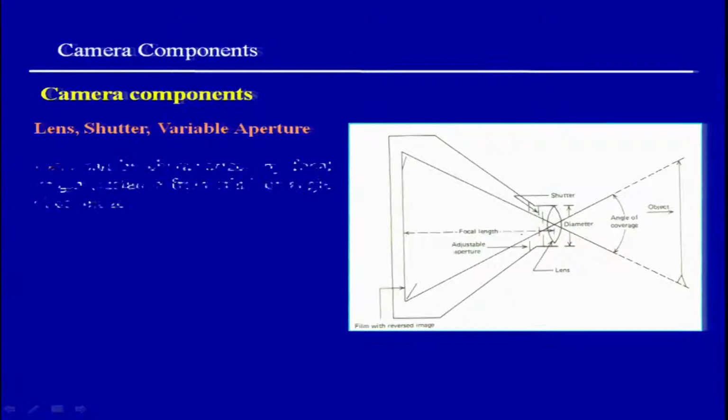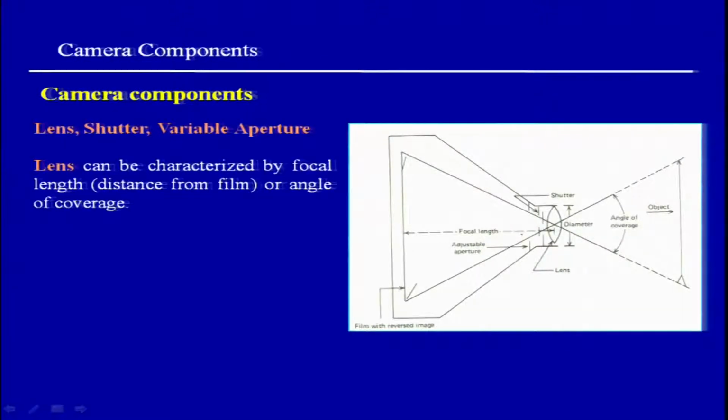Now the lens can be categorized by focal length, that is the distance from the film, or angle of coverage, and how much angle it is going to cover. Whether it is going to be wide or it is going to cover a very narrow area. That is the important part.